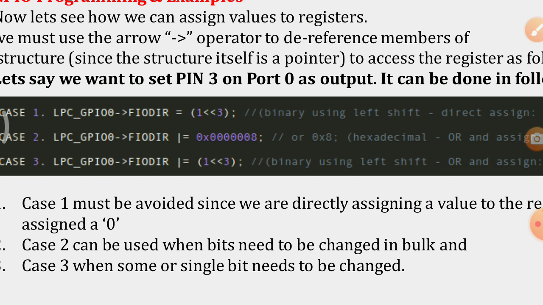Case 1: LPC_GPIO0 FIODIR. In the previous lessons we have seen that FIODIR is a register which is used to set the direction of a particular pin. LPC_GPIO is a structure name, and which port we are going to use we have to write here, port 0.